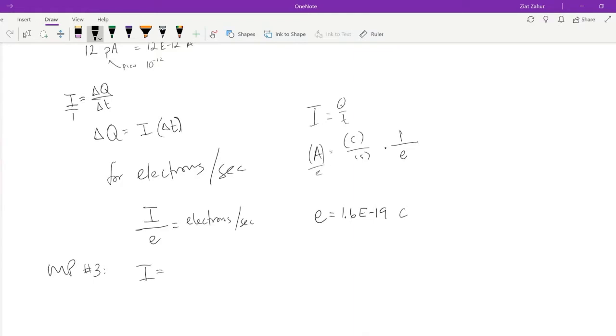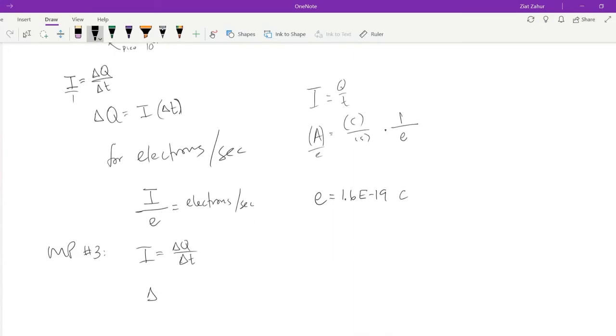Same current formula, delta Q over delta T. So if I want time, then I can solve for time. Time is equal to delta Q over I. There we go, the old swaparoo.